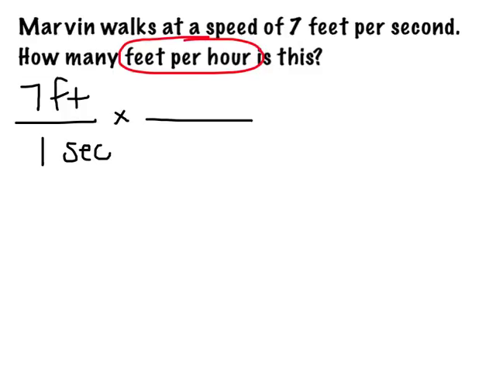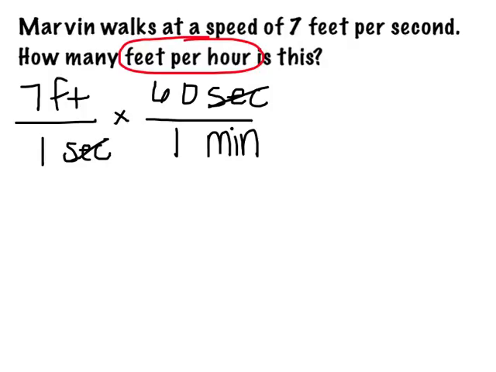I want to get rid of seconds. So I'm going to put seconds diagonal from seconds. Now I don't know how many seconds are in an hour, but I know that there are 60 seconds in 1 minute. Now my seconds would cancel out my seconds, and what I would end up with would be feet over minutes. So feet per minute. That's not what I'm looking for.